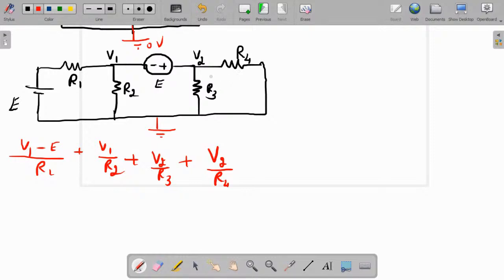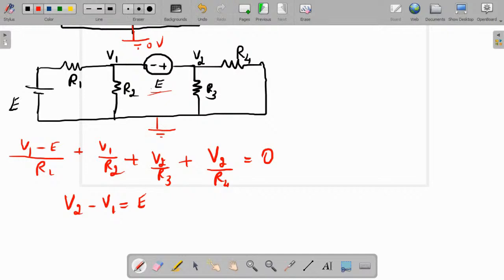So single resistances V2 by R3 and V2 by R4. This is equal to 0. And what about this E? To find this potential, V2 minus V1 will be equal to E.